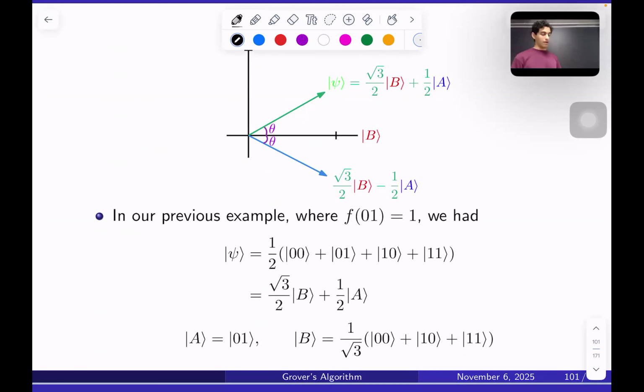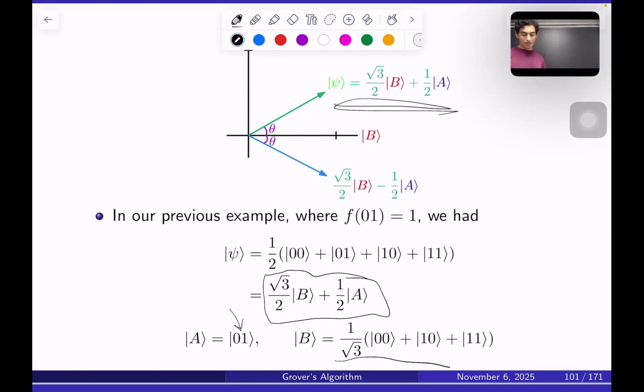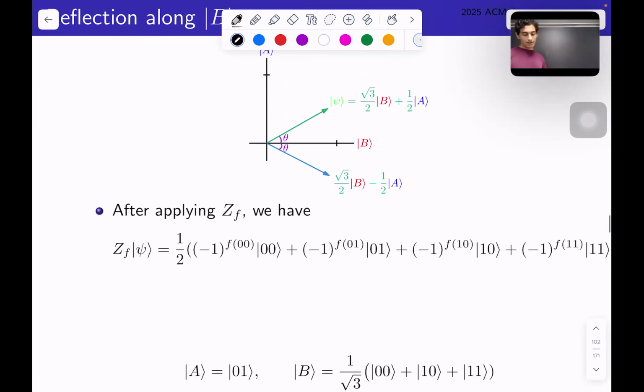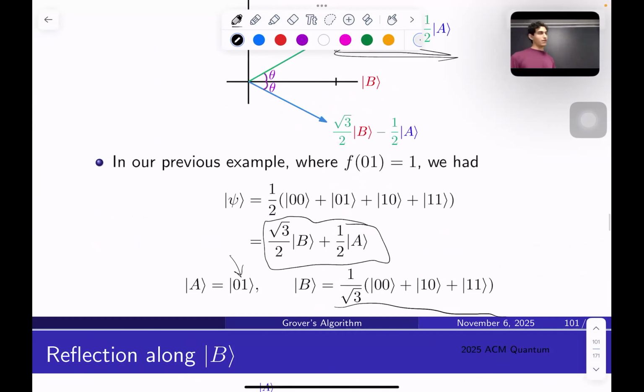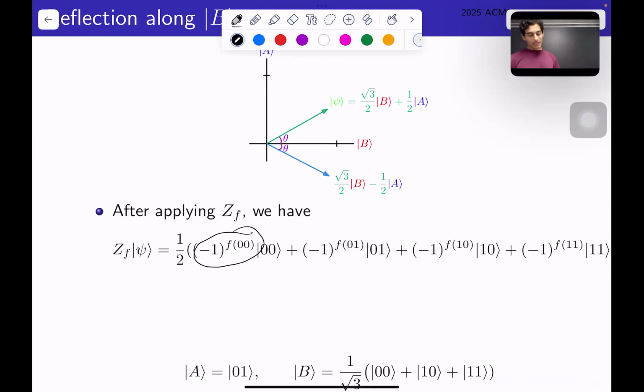Okay, here's an example worked out again. This is the same state as this, using our example before where 0, 1 is A, and then B is this combination of the other ones. You apply ZF and, first I'll work it out in the computational basis. So you take this after applying Hadamard gates, you apply ZF on it, it'll add -1 to the f of 0, 0 in front of the 0, 0 state, and then -1 to the f of 0, 1 in front of the 0, 1 state, etc. We know that this is the only one that equals 1 because this is the secret string.